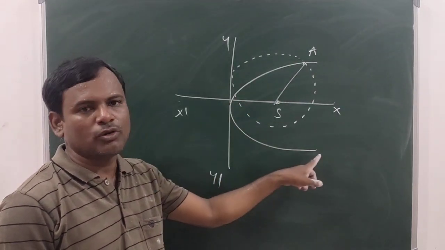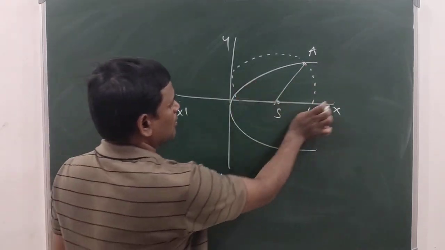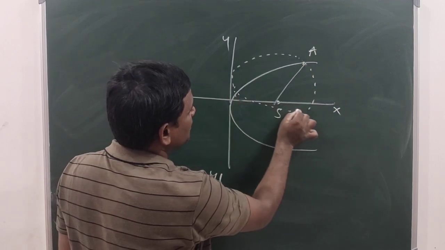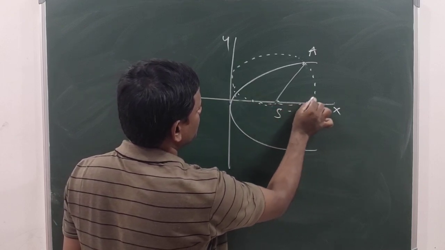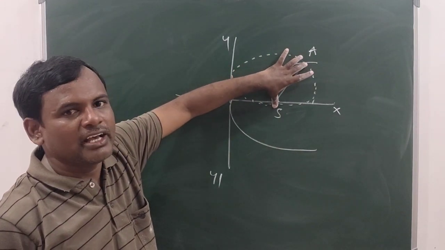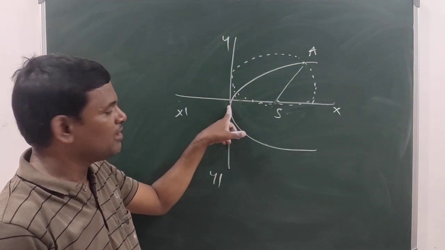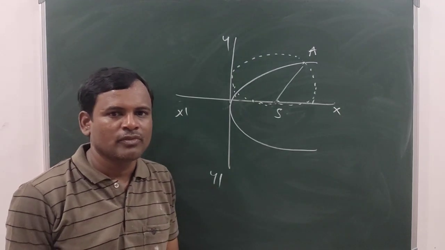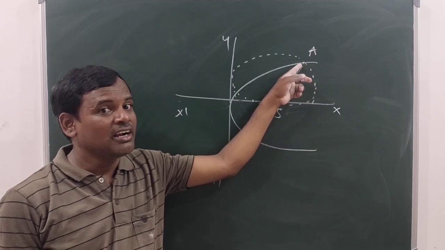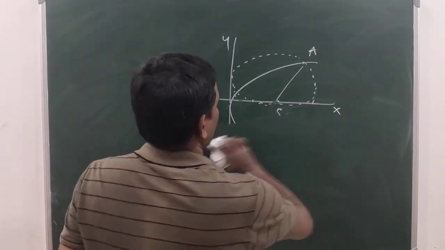This is a parabola and a focus. What is this? SA is a focal distance. I am taking this SA as a diameter. Take SA as diameter and draw one circle, which touches this tangent which is drawn at the vertex of this parabola. Take the focal distance as diameter and draw one circle which touches the tangent of this parabola drawn at the vertex. Remember this point. Next.